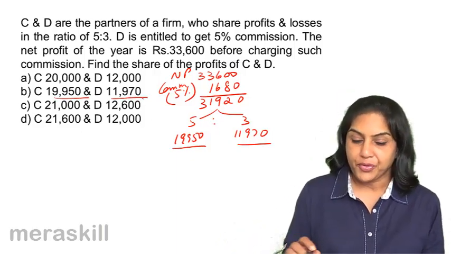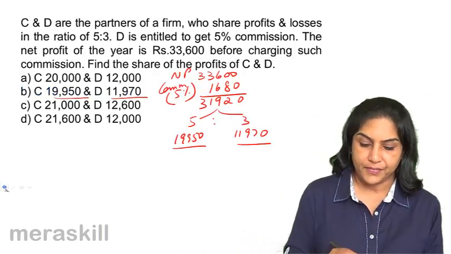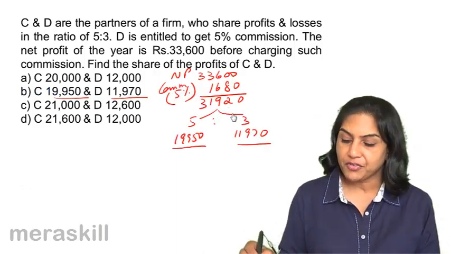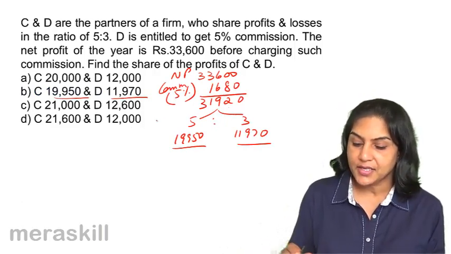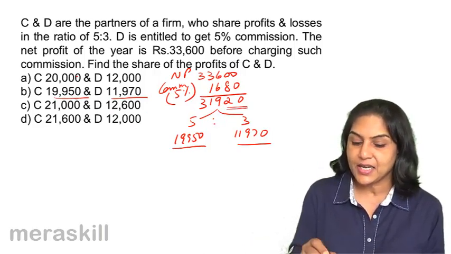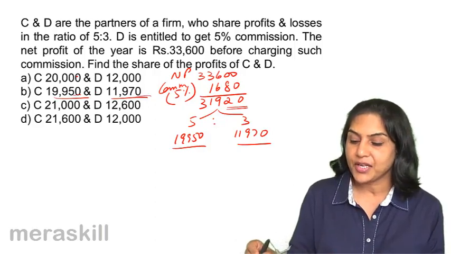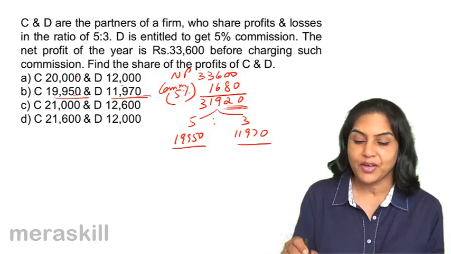Even without computing, once we've reached this figure of 31,920, looking at the answers, there is no other option which gives us this total. If you see 7 plus 5 is 12, 50, 70, you would get this 920 here. None of the others would have the same option.